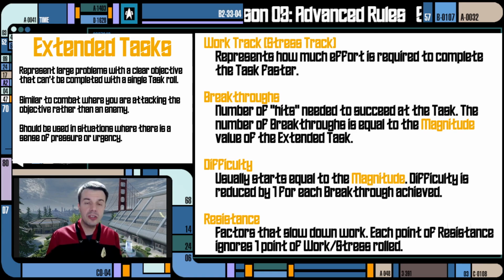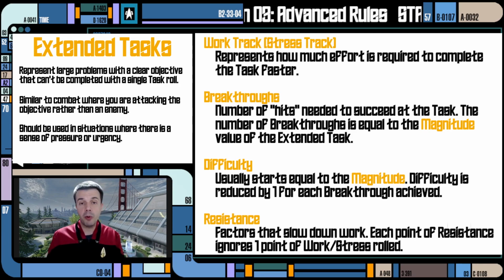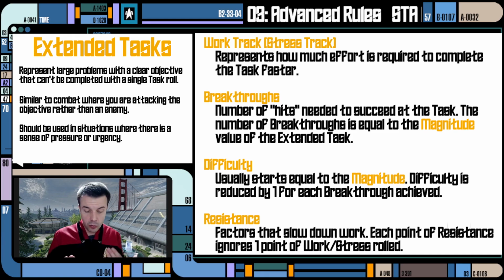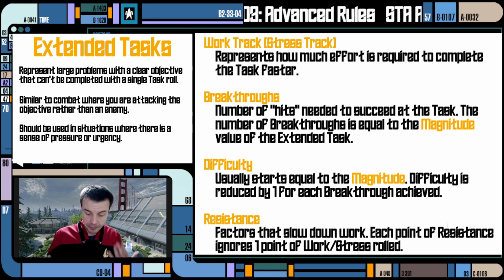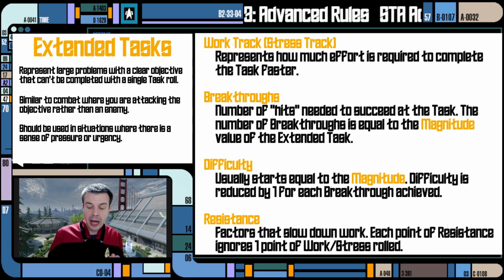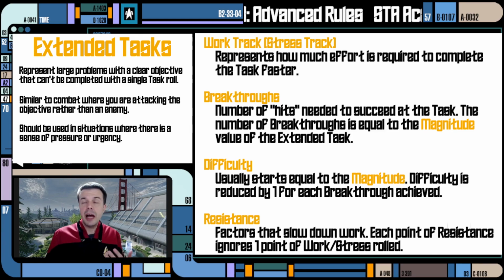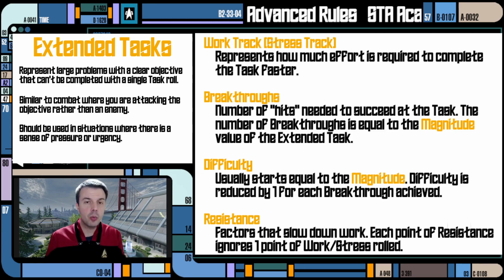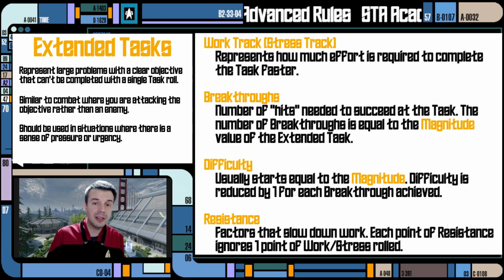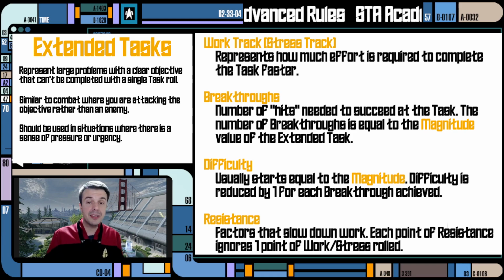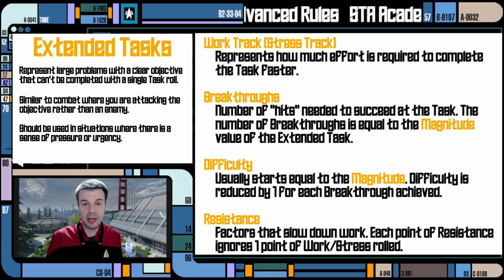But the way you succeed at the task is by achieving all of the breakthroughs required. So breakthroughs are the next part. They are the direct hits that you are applying to this action that need to be done to take down this boss in this boss battle.